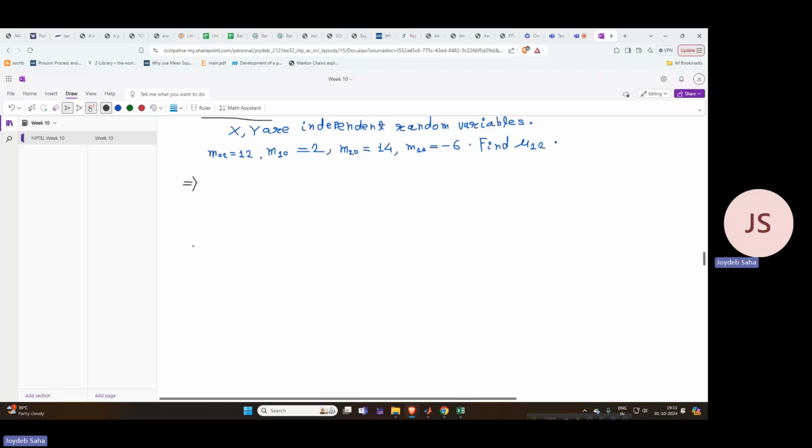Mu22 is the central moment. Mu22 is the expectation of x minus x hat squared multiplied with y minus y hat squared.